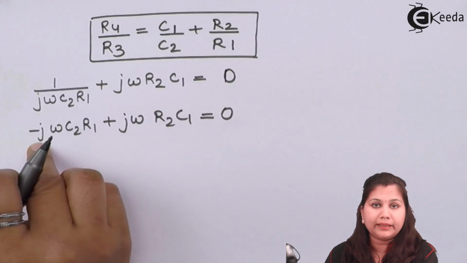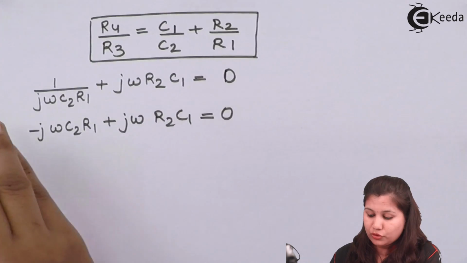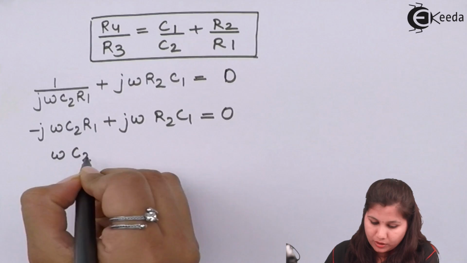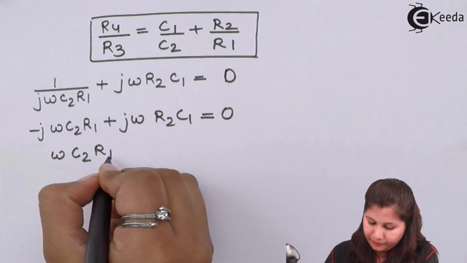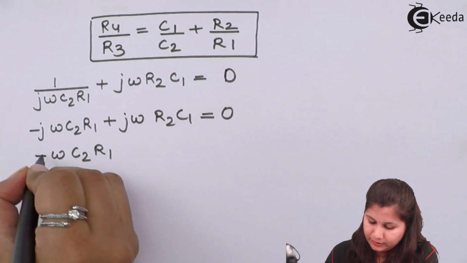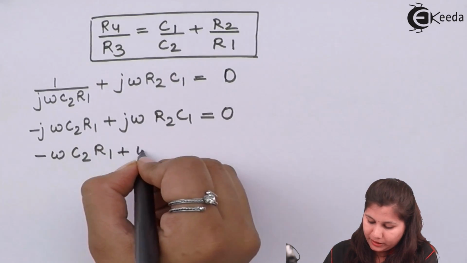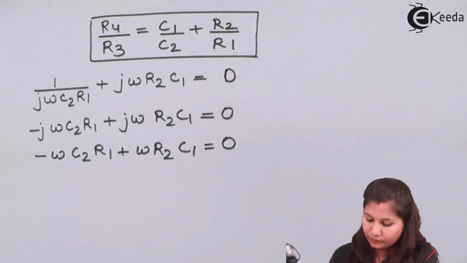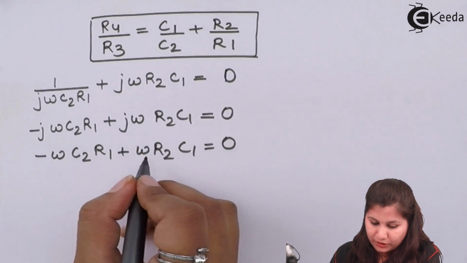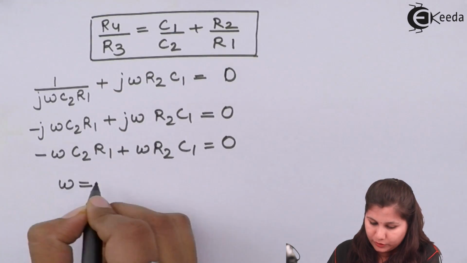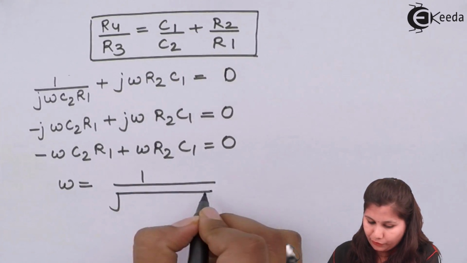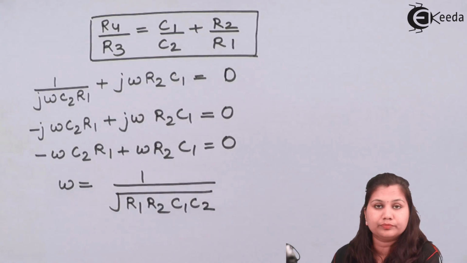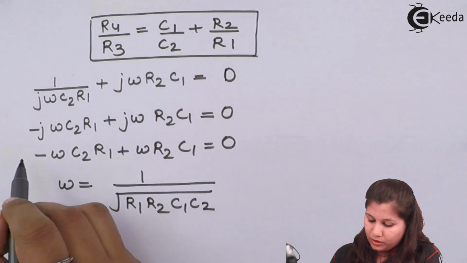Now bringing j as common, it will cancel. So we are left with minus omega C2 R1 plus omega R2 C1 equals 0. From this equation we will get omega equals 1 upon the square root of R1 R2 C1 C2.